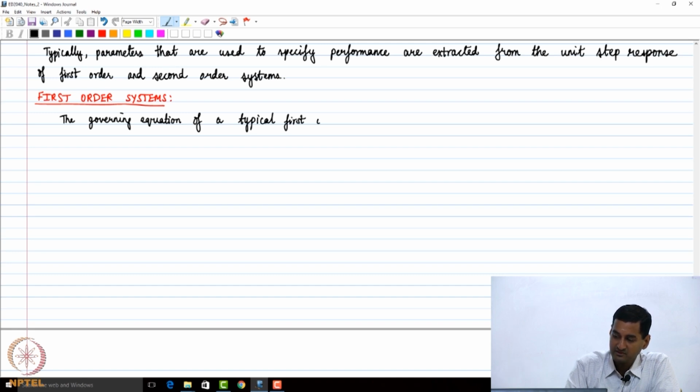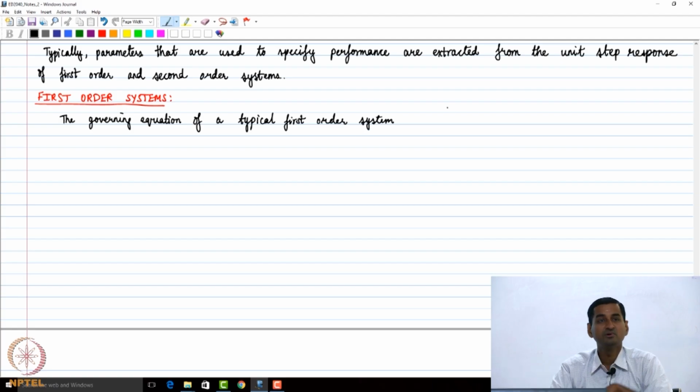See, in fact, it really depends on whom you talk to. Suppose you are discussing this with a chemical engineer, for example. They would say a model for a first order process. They will always be looking at processes. They will be modeling chemical processes.